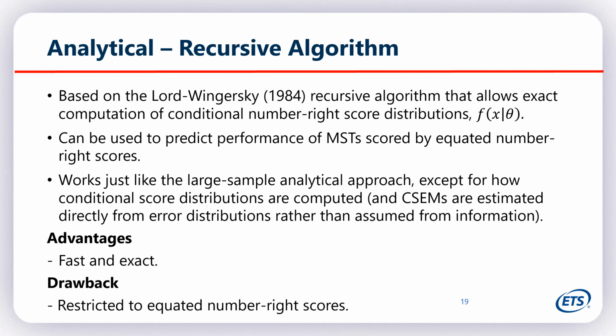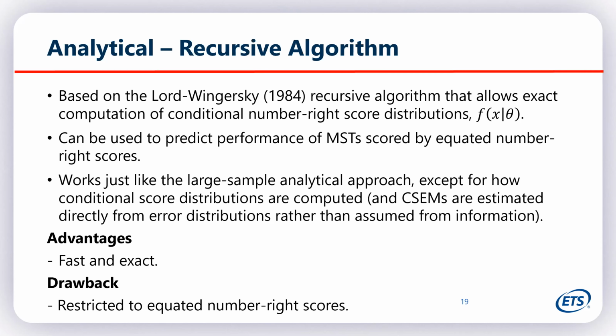So the GRE and other MSTs are scored by essentially conventional number right or point totals that are then IRT equated. Given that sort of scoring, you can compute all of the performance metrics that we talked about earlier exactly, without making the sort of large sample assumptions made by the previous approach.